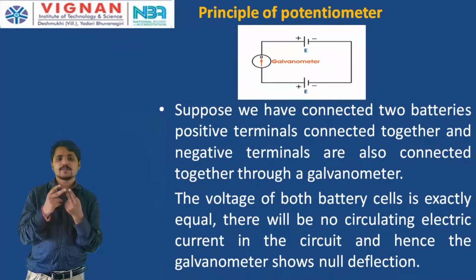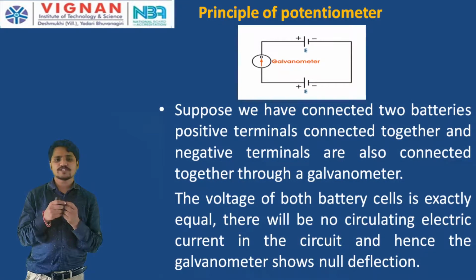Now you connect the positive terminals of both the cells and the negative terminals along with a galvanometer as shown in the figure. Now see, in this figure, the two cells having the magnitude E volts and E volts, we have connected the positive terminals along with the galvanometer and negative terminals.